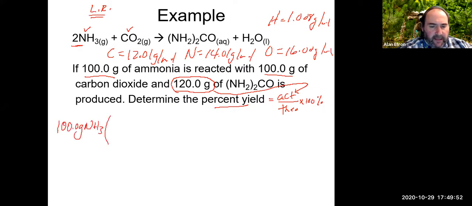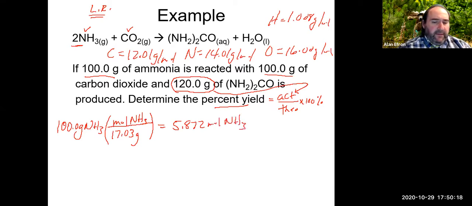Add up 14.01 plus 3 times 1.008, and that gives you something like 17.03 grams per mole as the molar mass of NH3. And that gives us something like 5.872 moles of NH3 to start with.